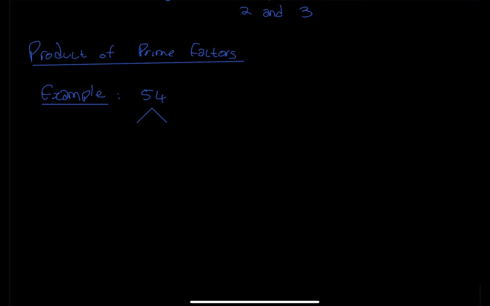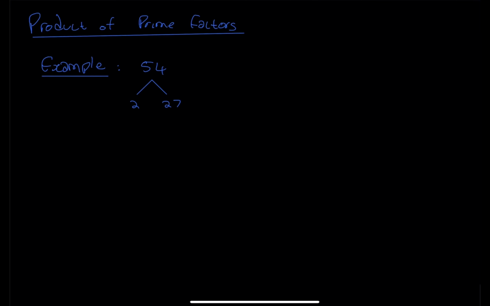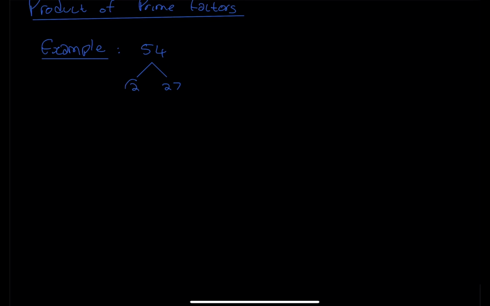Let's say 2 and 27. If you multiply the two of them, you would get 54. Now, 2 is a prime number, so it can't be divided further. 27 can be divided further into, say, 3 and 9, because 3 times 9 is 27.